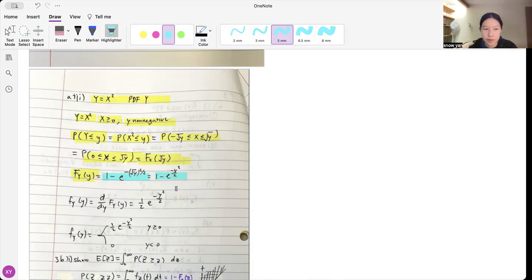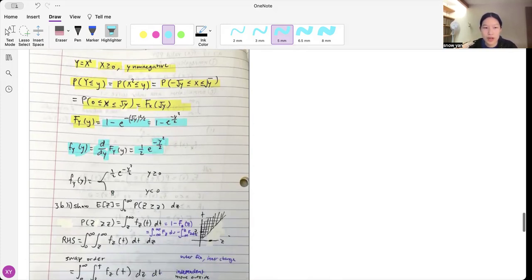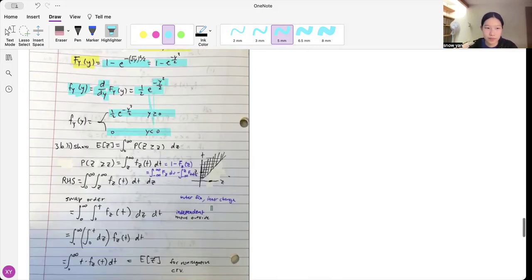And we know that the PDF is the derivative of the CDF. So we can get that small f of y is equal to the derivative of the CDF, which we get as this expression. So we can break it down into cases: 0, obviously 0, nothing fun happens, and then this expression over here that we get.